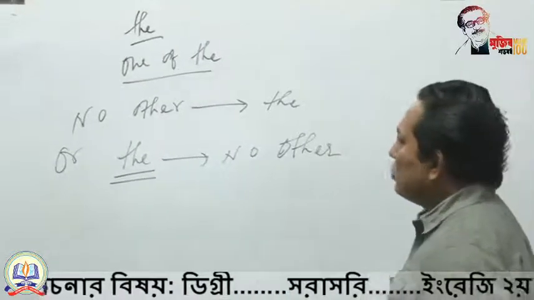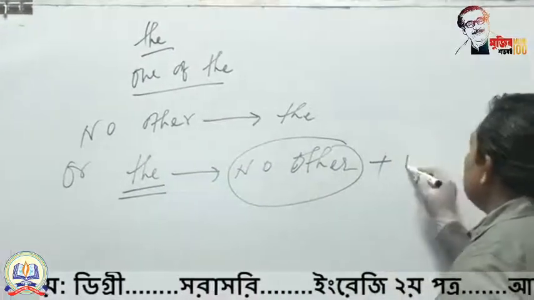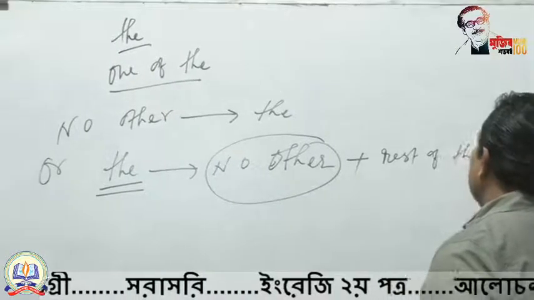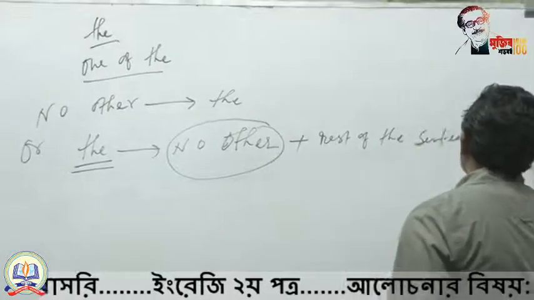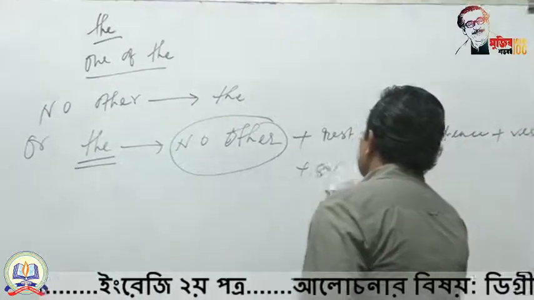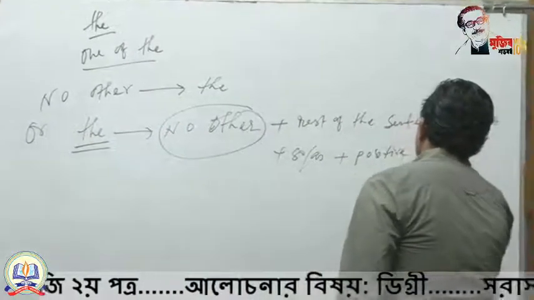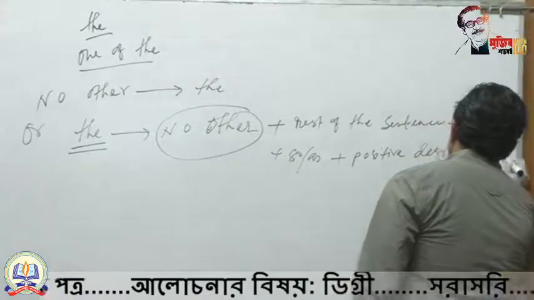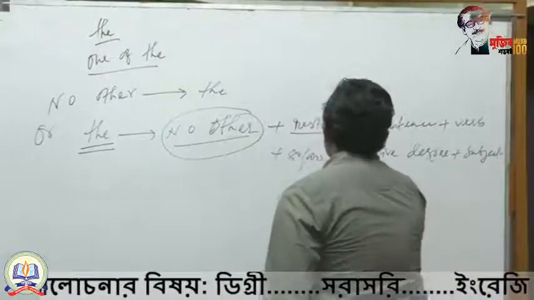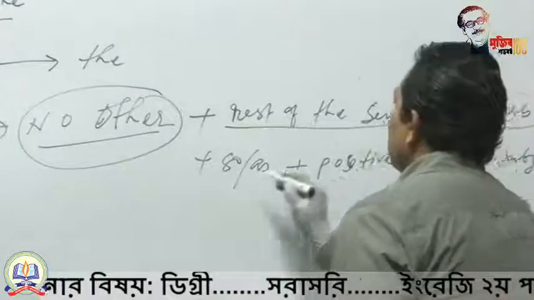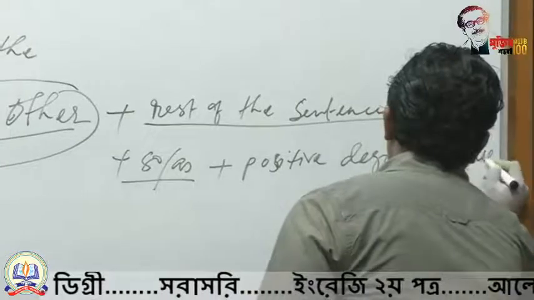And what will be the structure here? It is very easy. No other plus rest of the sentence plus verb plus "so" or "as" plus positive degree plus "as" plus subject.